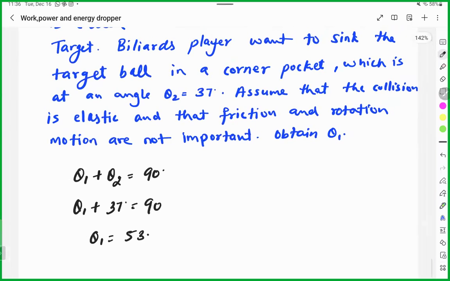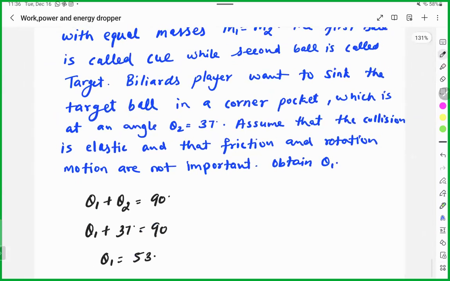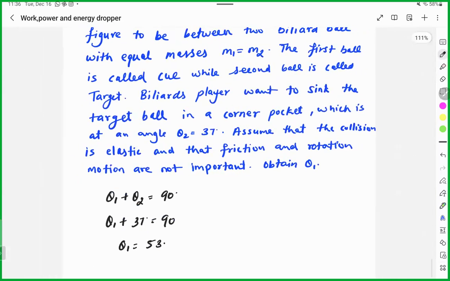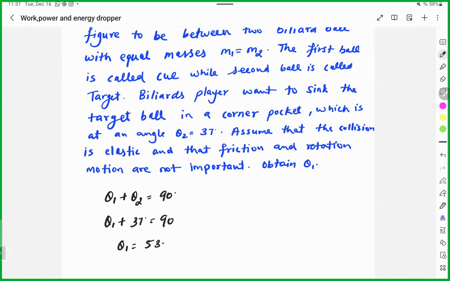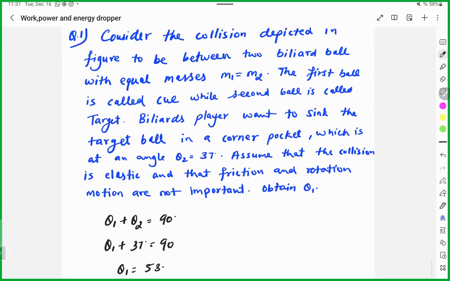And this question, why am I writing the questions? Because when you read the question, now you will feel, oh my God, such a difficult question. It will take a lot of time, such a long difficult question. I don't know how to solve such a question. Nothing is given. Only two masses are equal, and only this angle is given.